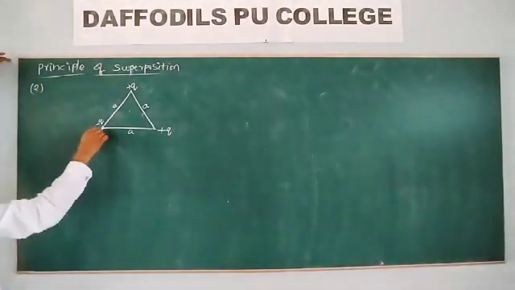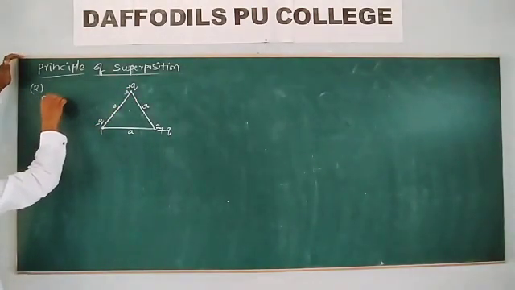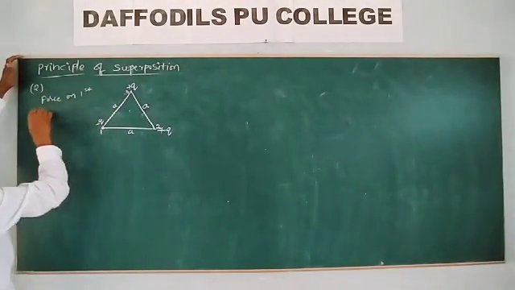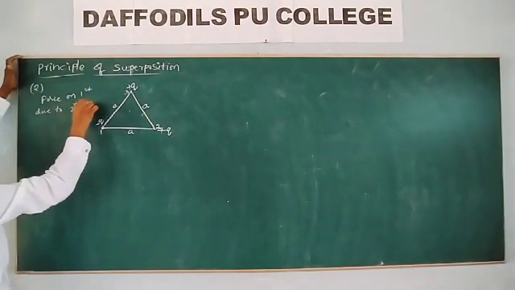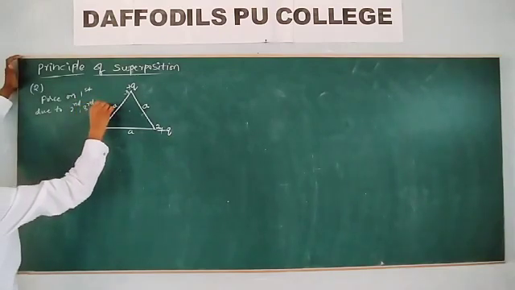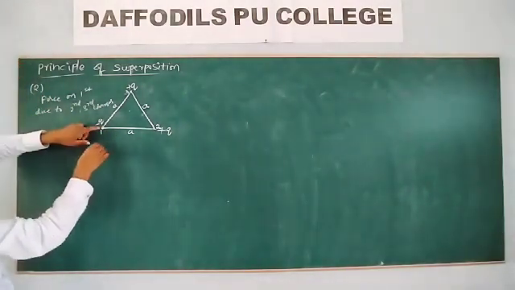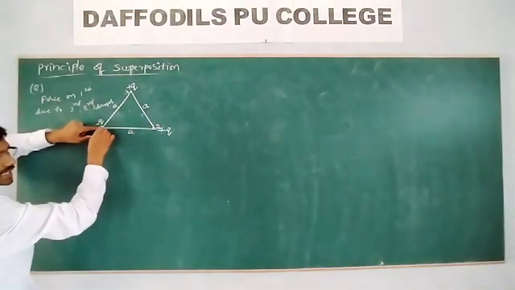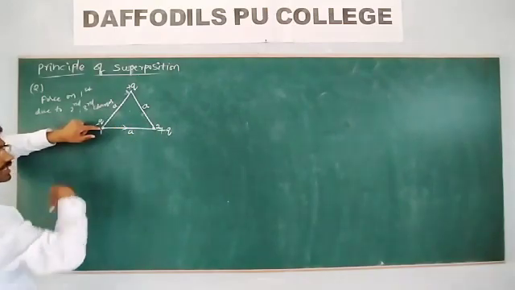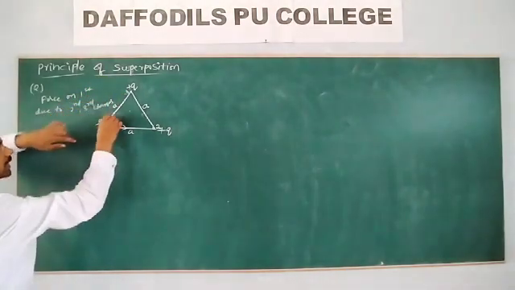Then what would be the force on the first charge due to the second and third charges? As it is a negative charge and this is a positive charge, what is the force acting on this charge due to this one? And what is the force acting on this charge due to this one? Again, the same.